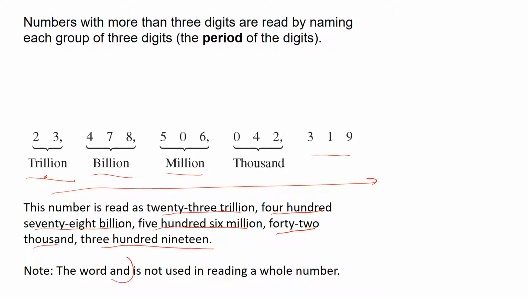Notice we do not use the word and. Even though we commonly say and, someone may say 319, really the number should be read without it, because the and indicates a number that has a decimal portion.